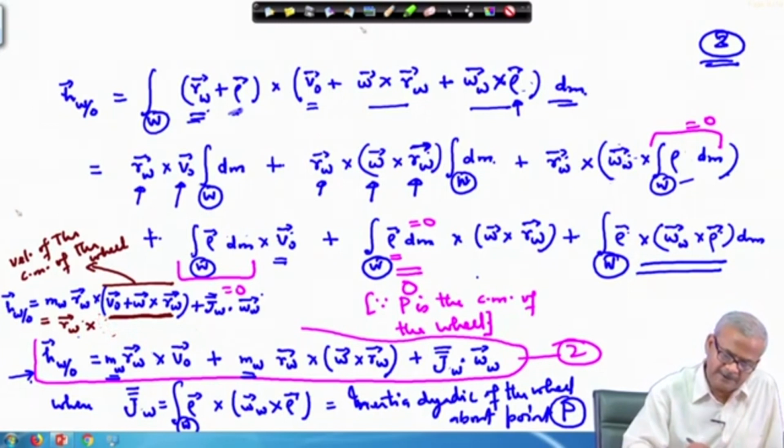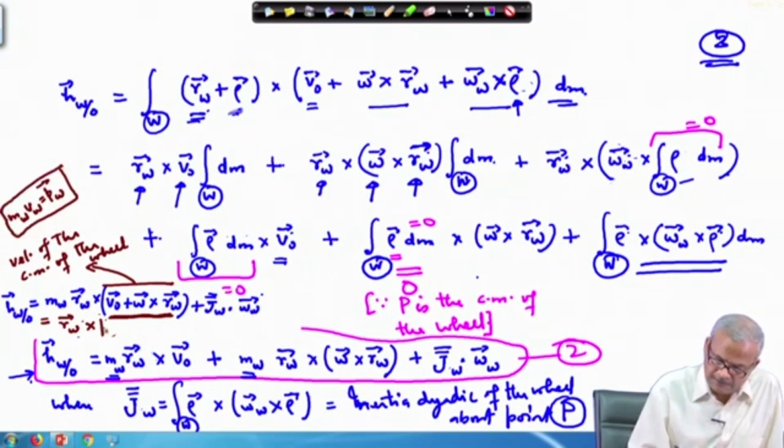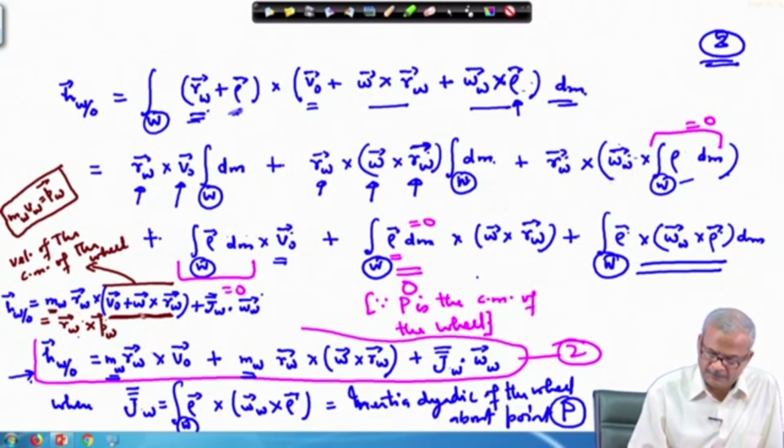So, the quantity m_W times v_W we will write as p_W. Okay. So, here we write this as p_W, this m_W times this quantity is your v_W. So, m_W times v_W is p_W. So, we are writing here, and plus J double bar times omega_W.